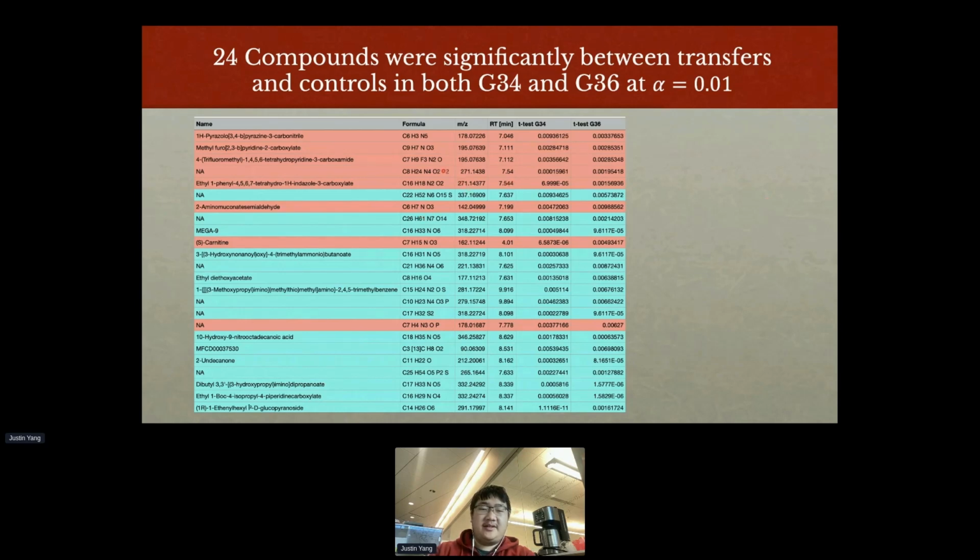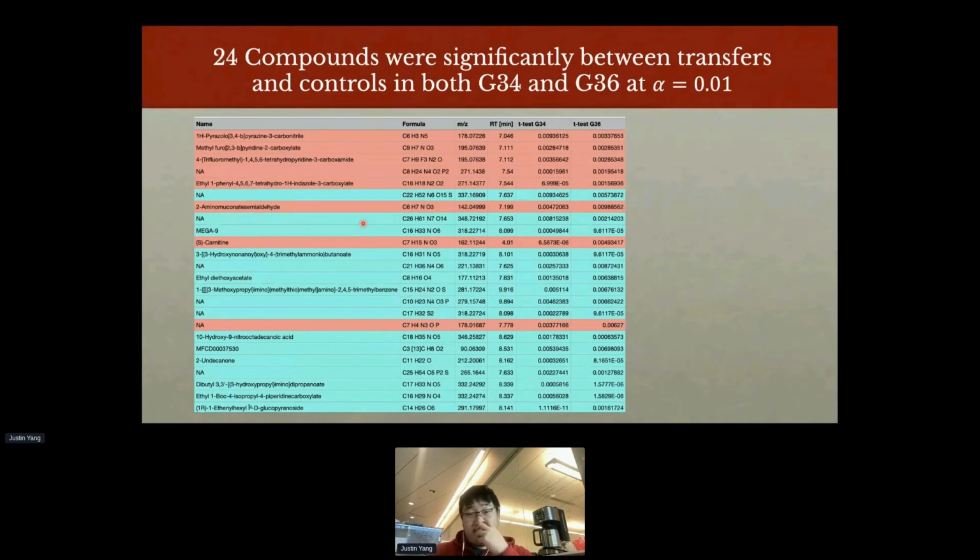Now, the coloring of this table indicates whether the controls or experimentals were higher in a given generation. And so the blue represents that the mean was lower for the experimentals in 34 and 36, whereas the red represents the vice versa, that the experimentals were higher.